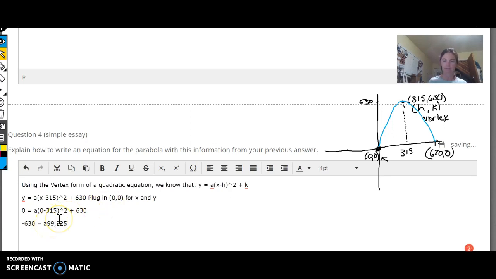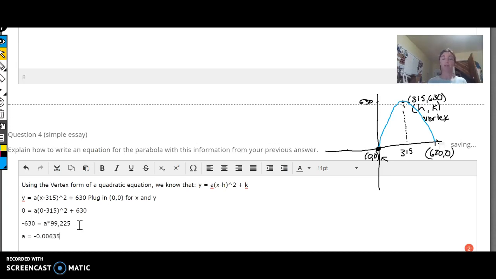Okay. All right, so now I need to just divide both sides, that negative 630, by that 99,225, and when I do that, I get negative, so this is going to be my a value, a equals negative 0.00635.